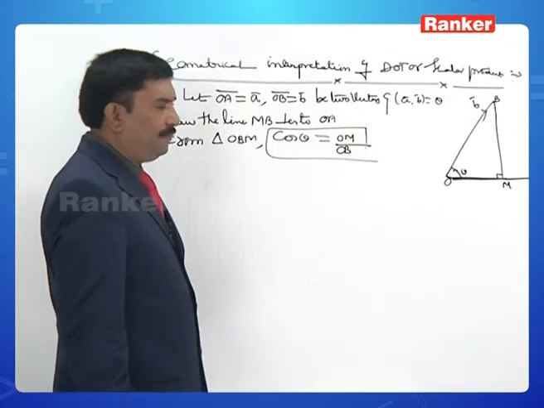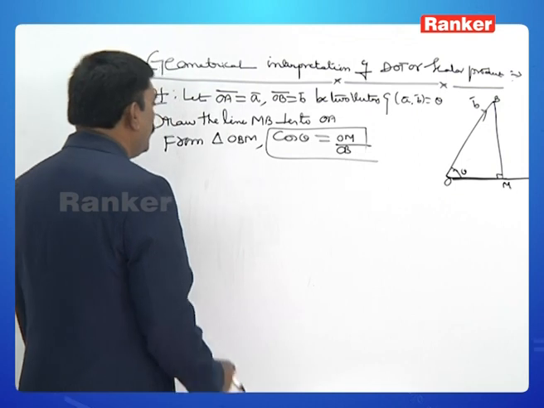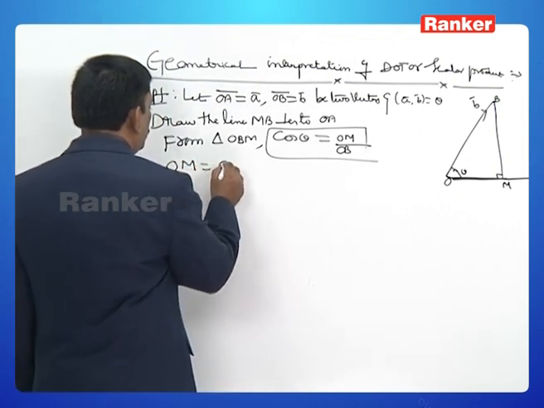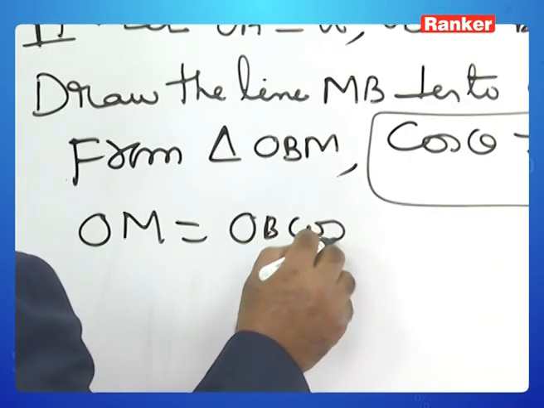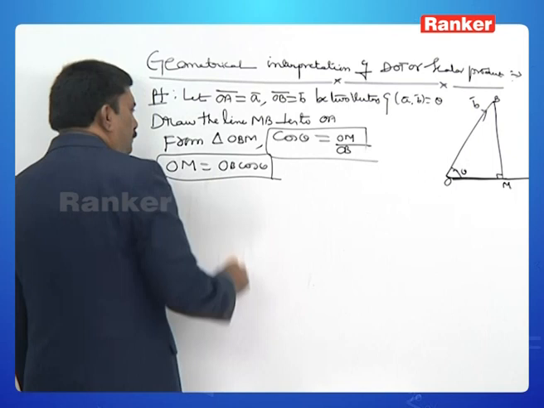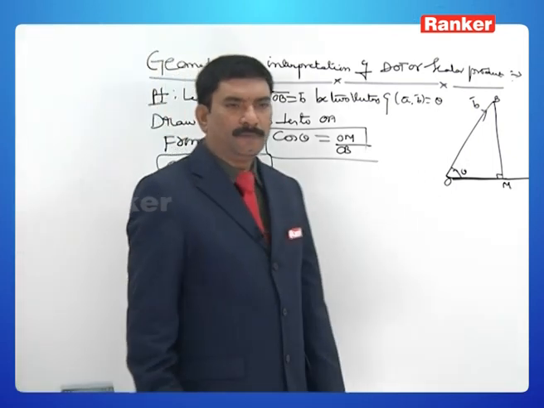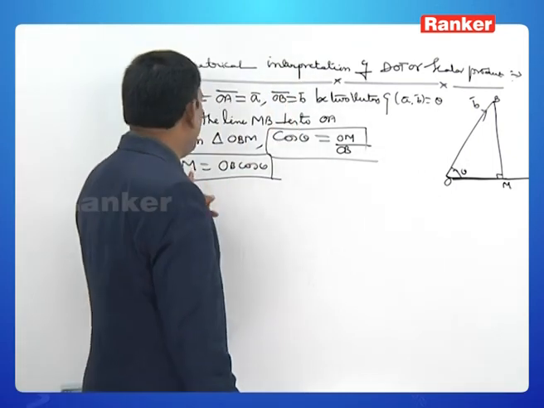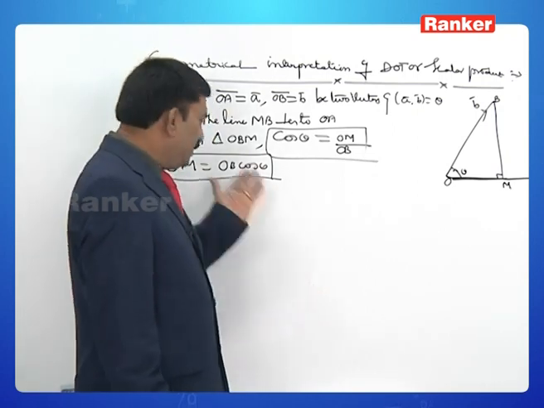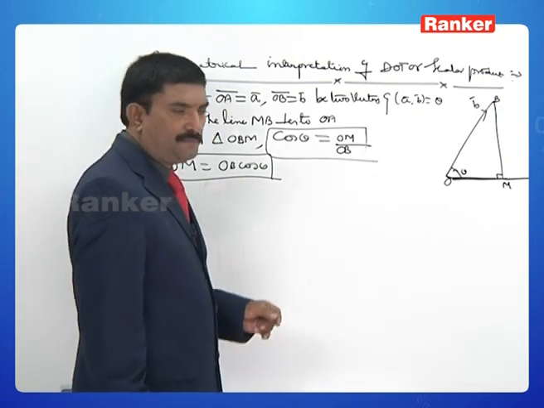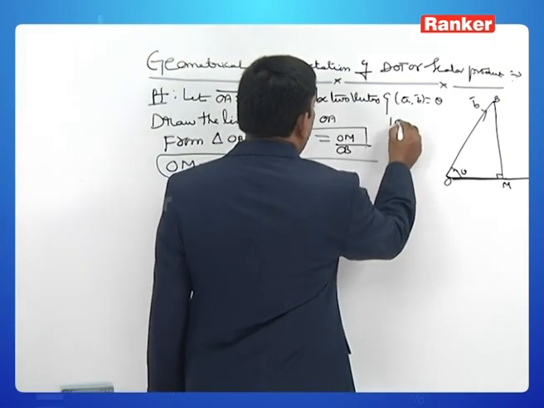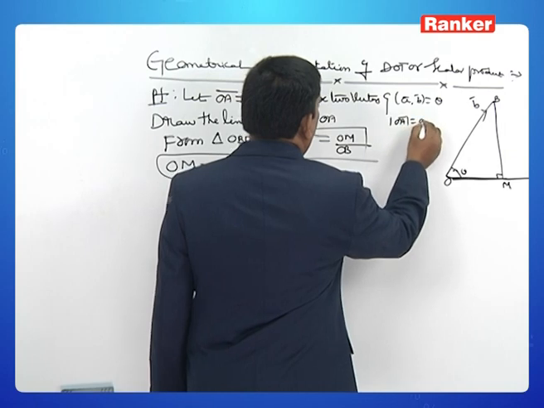OM by OB. So, right, this OM is called what? Length. This we call projection. But what is modulus of OA bar?